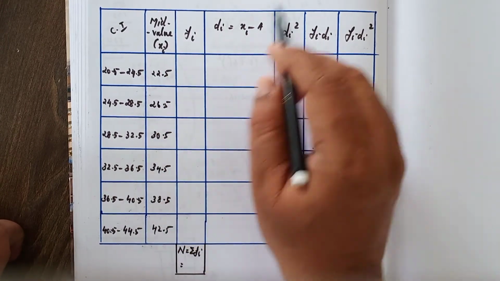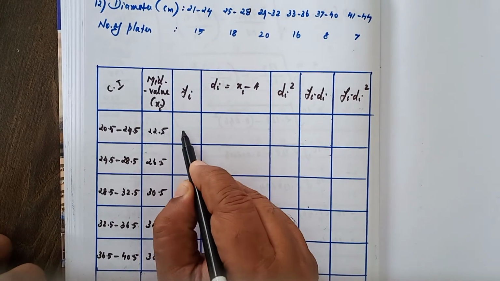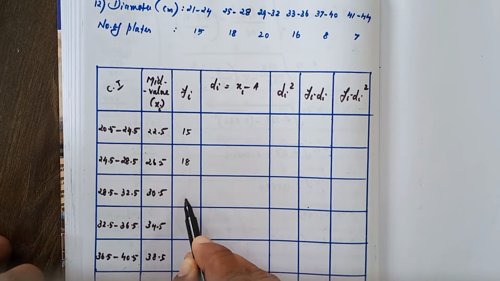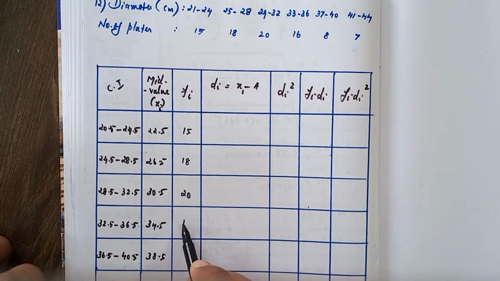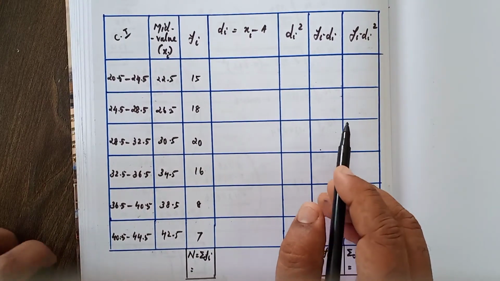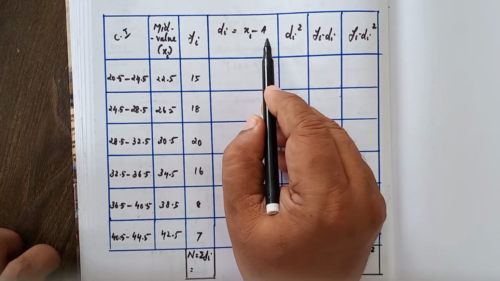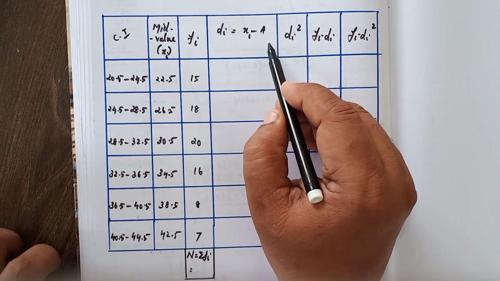Now fi, that is the frequency given in the question: 15, 18, 20, 16, 8 and 7. di is equal to xi minus A. Here A is called the assumed mean.